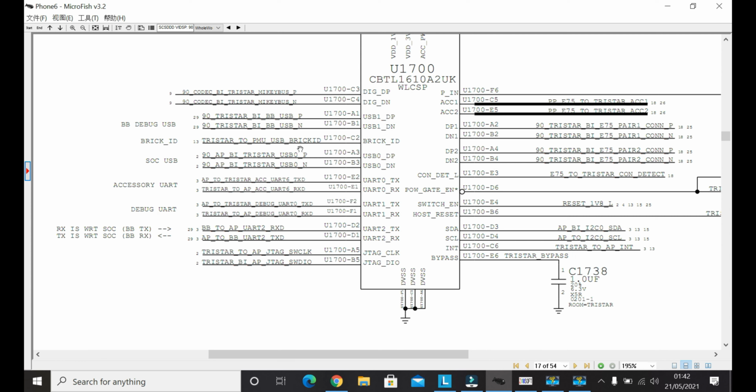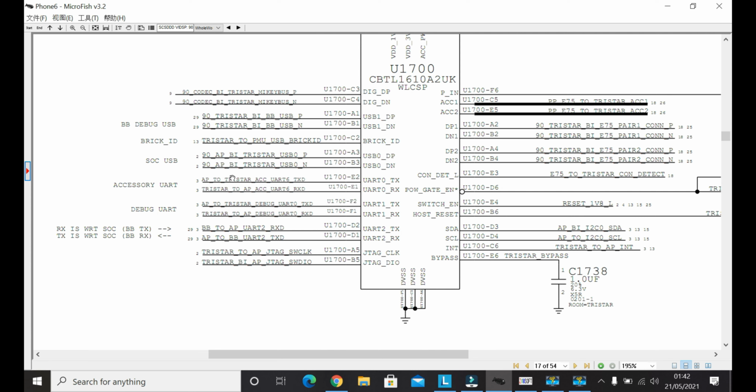So this is an output, even though it is explained on the left hand side, because they have also told us it's TriStar 2PMU, meaning it is a signal or a connection going from TriStar to PMU. So one thing to understand, it's an output of the TriStar to the power management IC.